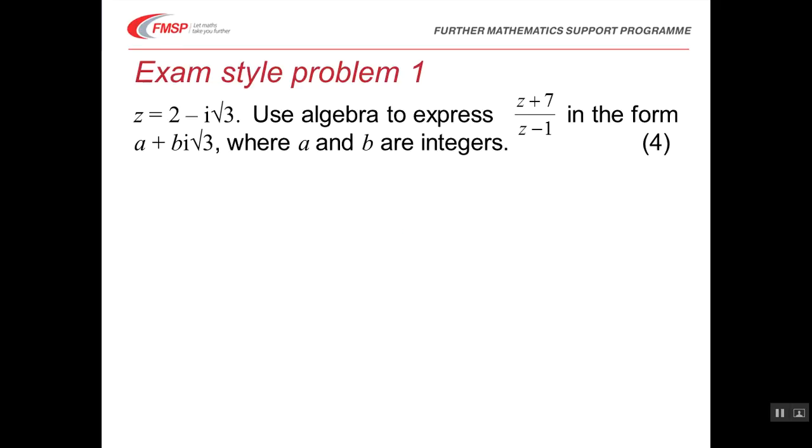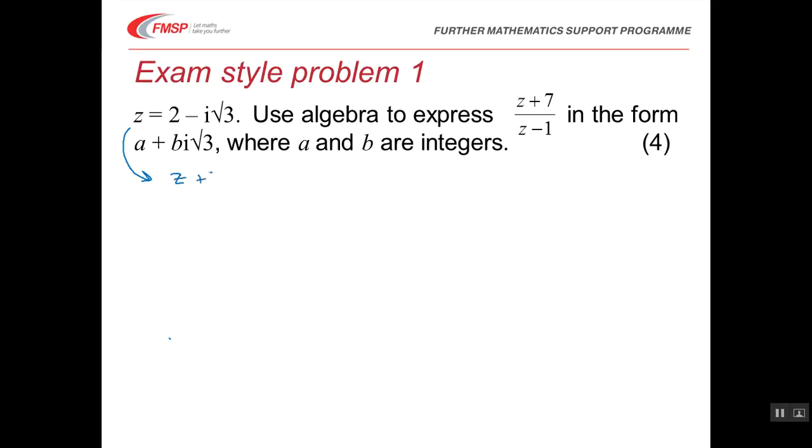Here's an exam style question. We're given z is 2 minus i root 3, and they are asking us to use algebra to express z plus 7 over z minus 1 in the form a plus bi root 3, where a and b need to be integers. So we're given z, so we're going to use the given z.